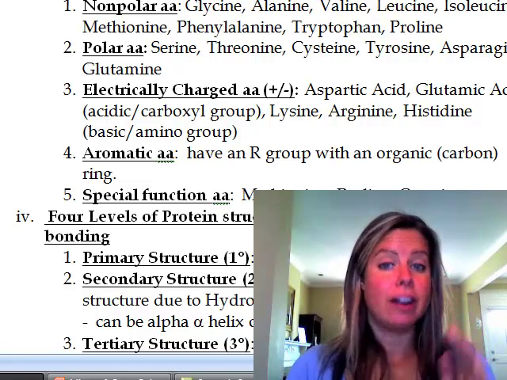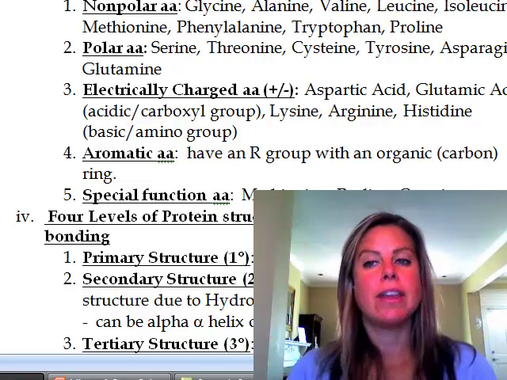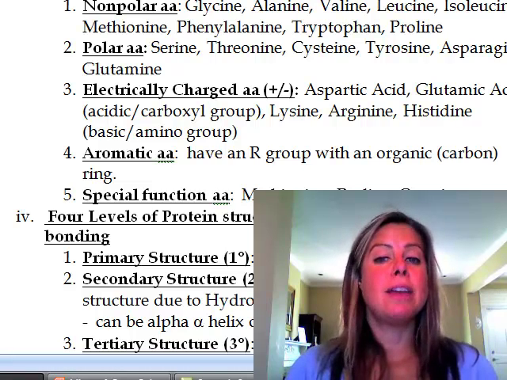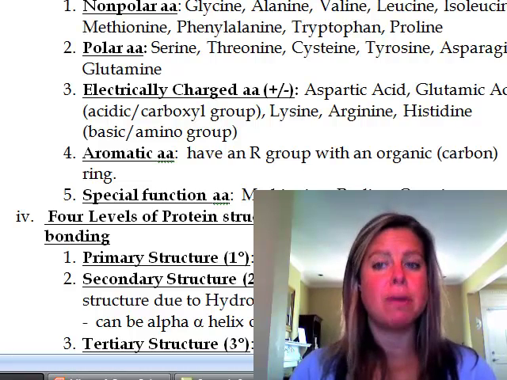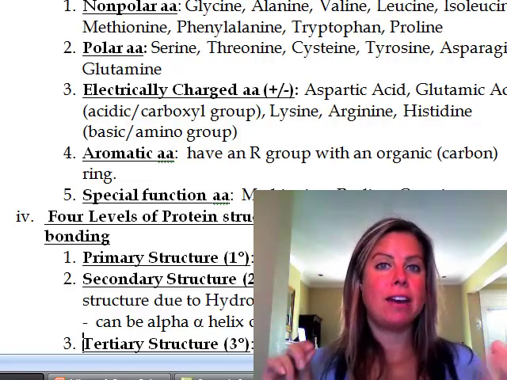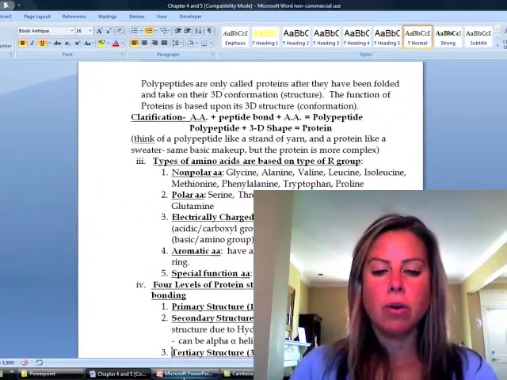So to be clear, amino acid, peptide bond, amino acid, peptide bond, and so on, that's just a polypeptide. Then when we take that polypeptide and actually fold it into its three-dimensional shape, then it becomes a protein. I like to think of a polypeptide like a string of yarn, and then if you knit it into a sweater, that's the protein.